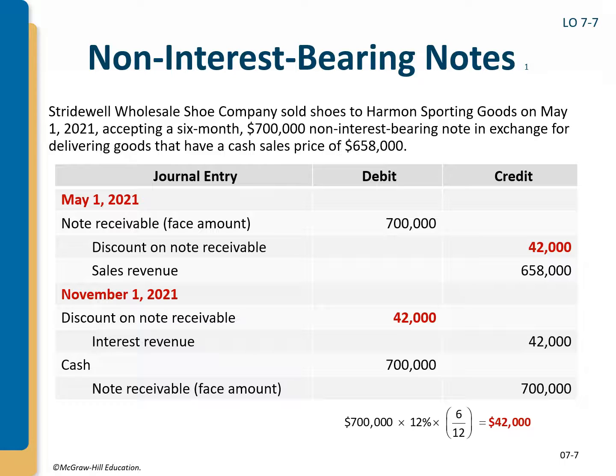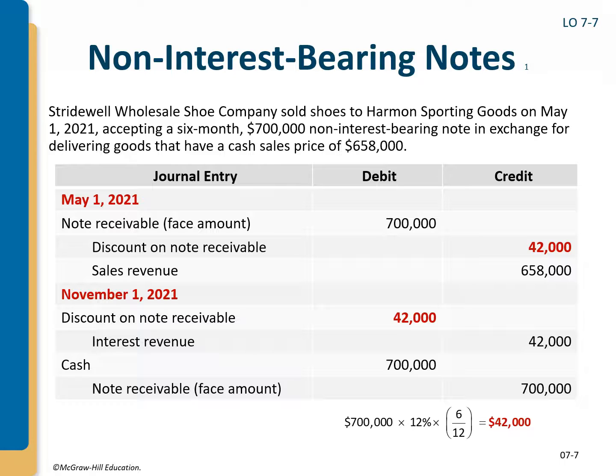Now, 6 months later, we're still in the same accounting period. That's when Harmon is going to pay back the $700,000. The entire time period has lapsed for the loan. So all the interest being stored in the discount on note receivable account has been earned by the time the note is being repaid to us.